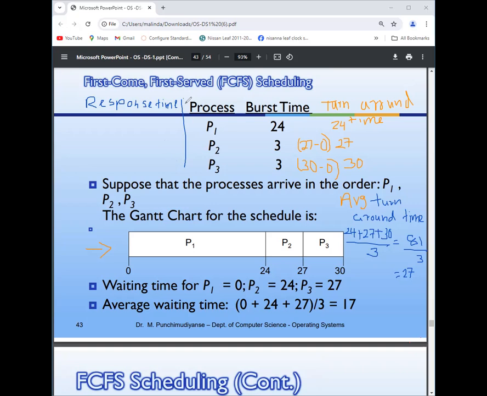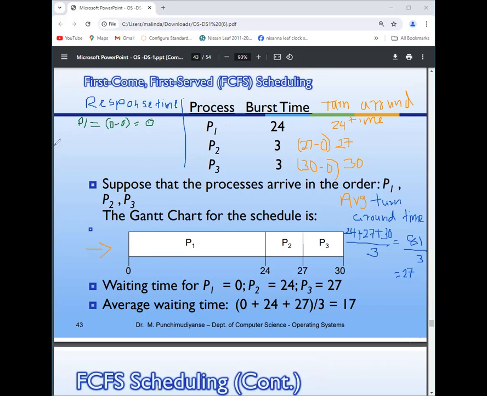Remember that. So if you take P1, what is the response time? P1 was admitted to the queue at 0 and it got the CPU at 0. So 0 minus 0, response time is 0.